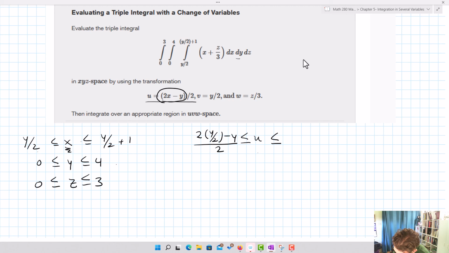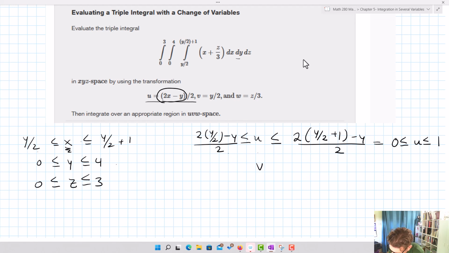Then that's less than or equal to 2 times y over 2 plus 1 minus y, over 2. When I actually work that out, that's y minus y over 2, so that's 0, less than or equal to u, less than or equal to y plus 2 minus y, so that's 2 over 2, which is 1.